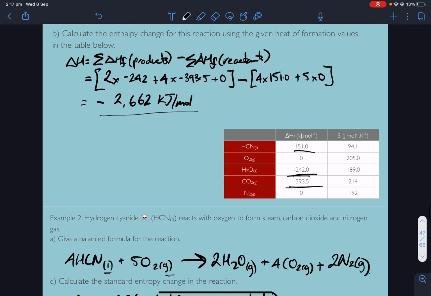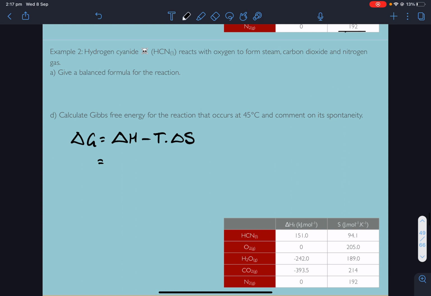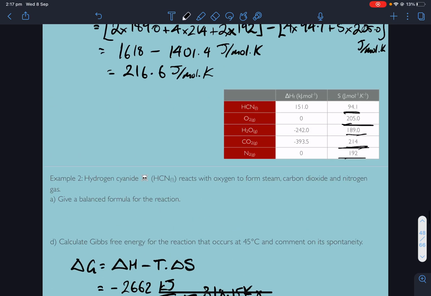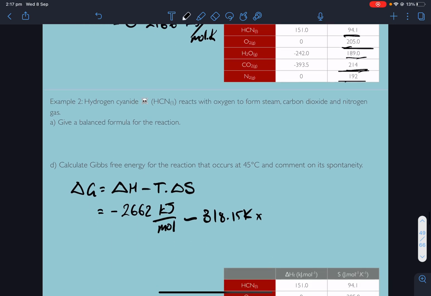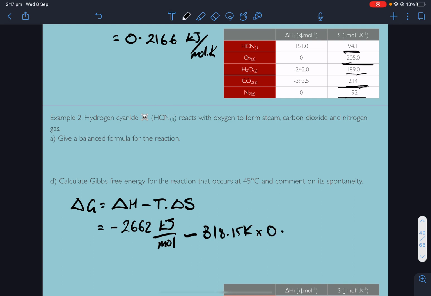Negative 2662 kilojoules per mole minus T, 45 degrees Celsius, but 45 plus 273.15, 318.15 Kelvin, times delta S. I'm going to do delta S in kilojoules per mole per Kelvin, so I'm going to divide it by 1,000: 0.2166 kilojoules per mole per Kelvin.